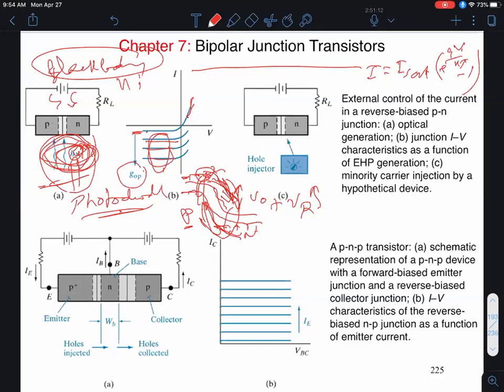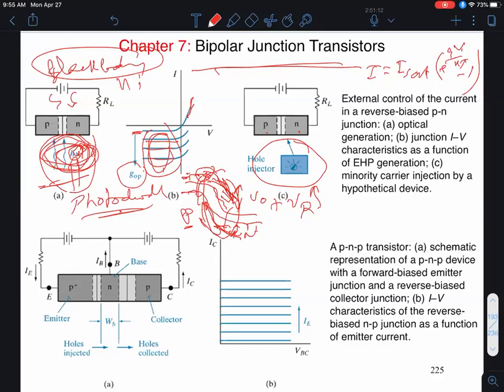Now, in the case of BJTs, I'm using this mainly as a motivator, okay? So the motivation is, I see that the current in a reverse bias PN junction can be controlled by some sort of a hole injector, say, on the N side, or electron injector on the P side, right? A hole injector on the N side by optically generated electron hole pairs, or electron injector on the P side, okay?